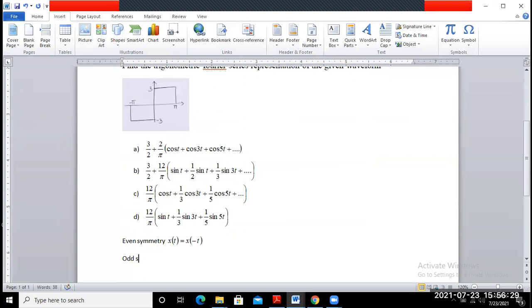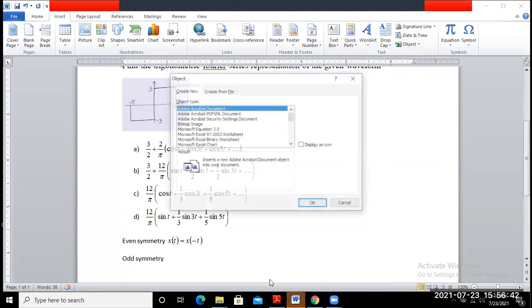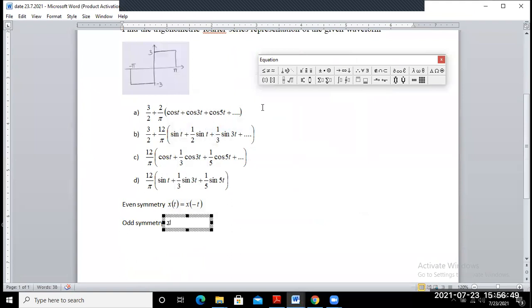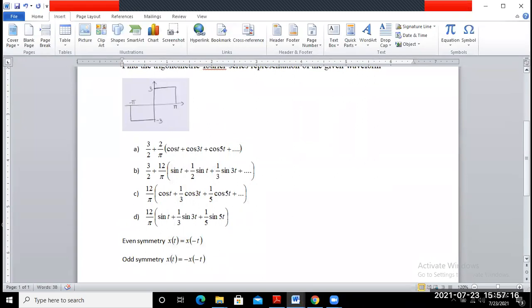For the odd symmetry, x(t) equal to minus x(minus t). And what is the condition for the half wave symmetry?